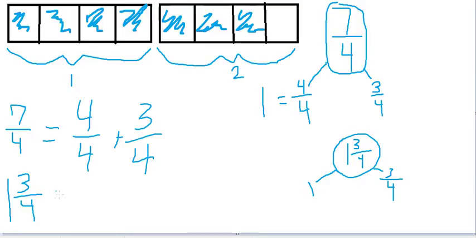It's still the same thing because we have our 1 whole and 3/4. We can rename our fraction. Nice job, boys and girls. So this fraction we can see is greater than 1 because we have 1 full one filled in and a couple more.